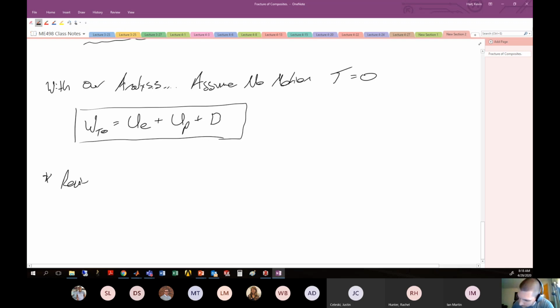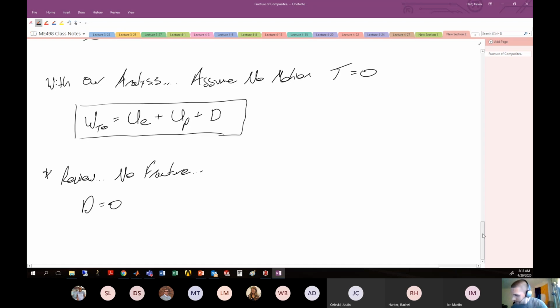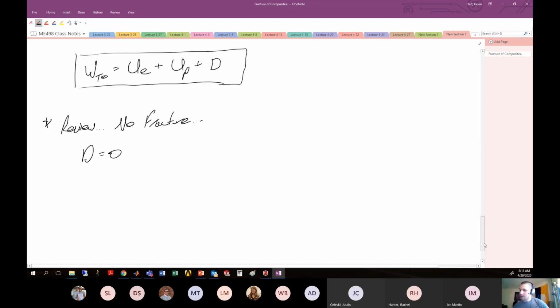So review, no fracture. So here, this is when D is equal to 0. We're not creating any free surfaces. We're just having this balance between elastic and plastic strain energy. So let's consider an aluminum bar in tension.